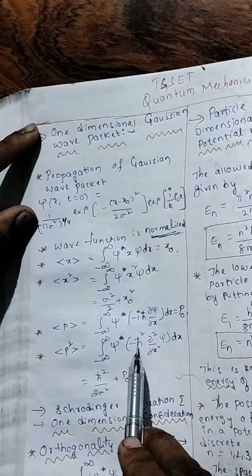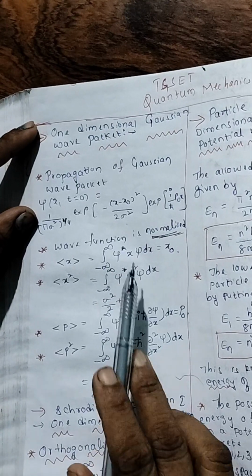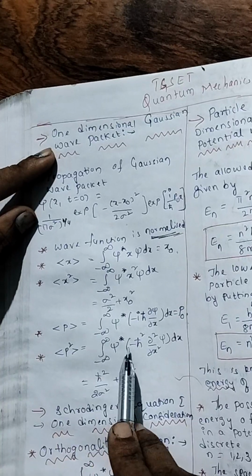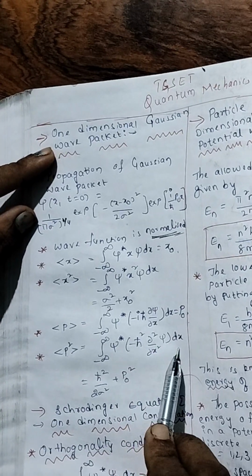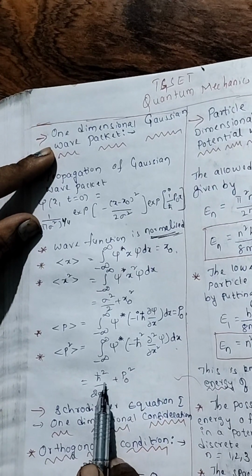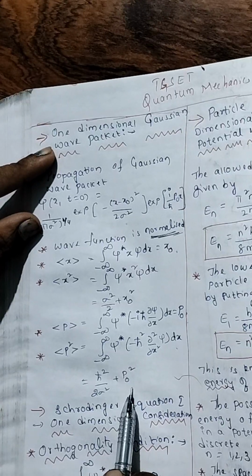So that value comes out to be the integral from minus infinity to infinity of psi star, in place of x substituting the p square operator, minus h cut square dou square psi by dou x square dx. If we simplify, we get h cut square by 2 sigma square plus p naught square.